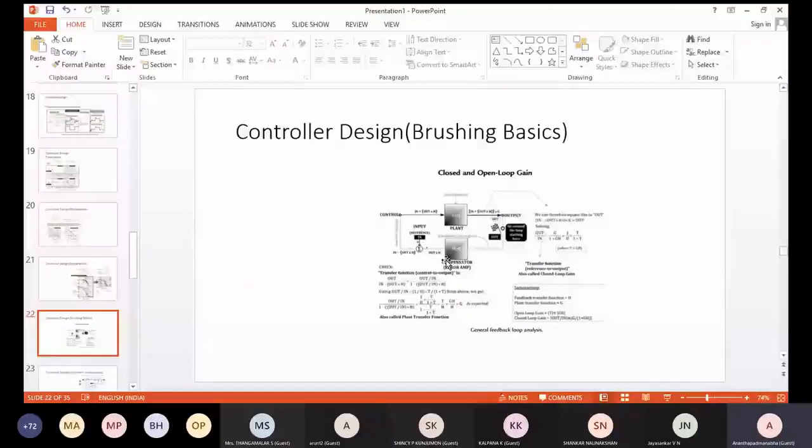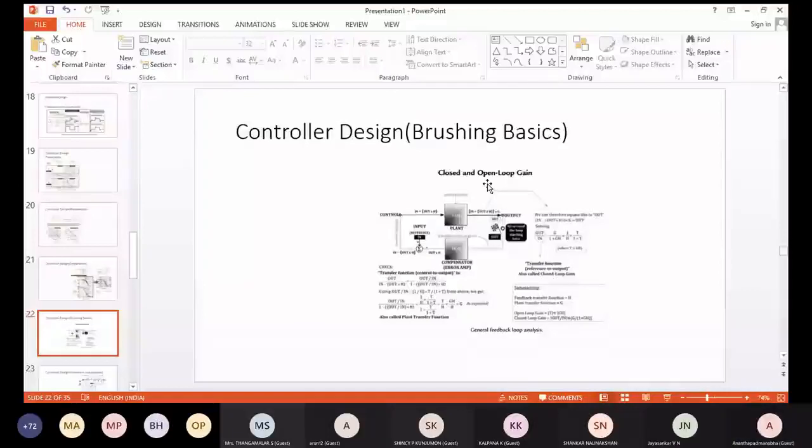Whenever we say open loop, there is a tendency to think that the control system itself is not there. It's not like that. Most probably the terminology should have been different. Loop gain is a much better word compared to open loop gain. Technically, there is nothing like open loop here. We are discussing the closed loop only.